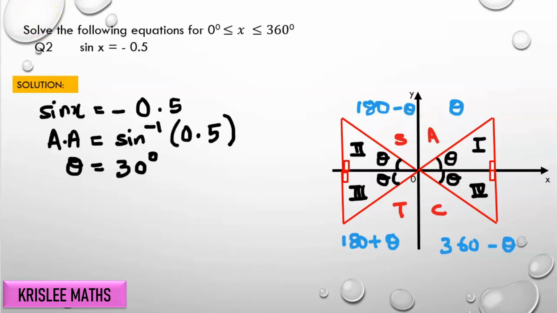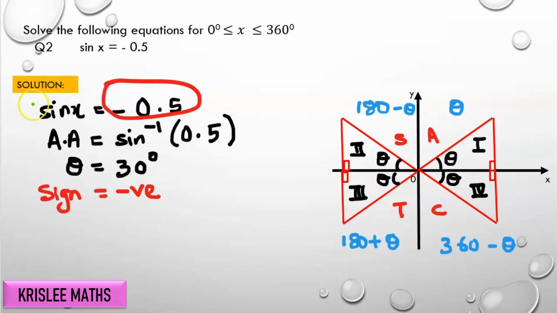Okay, next you have to check the sign. So here the sign of the given value is negative. Okay, so now identify the quadrant where the function sine is negative.